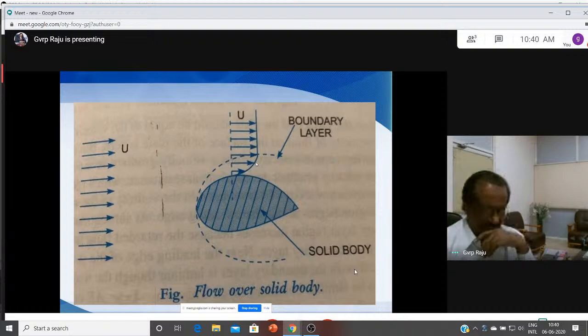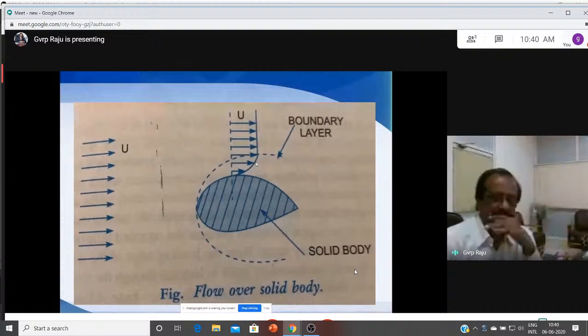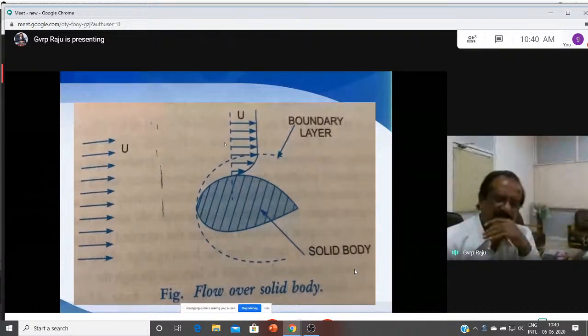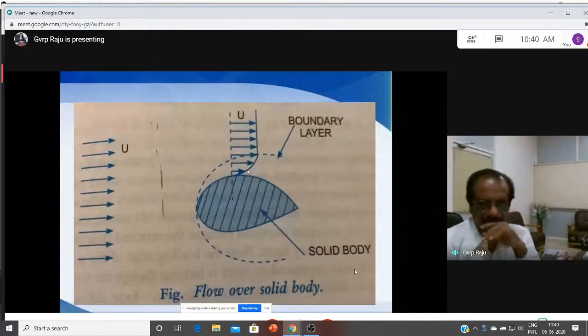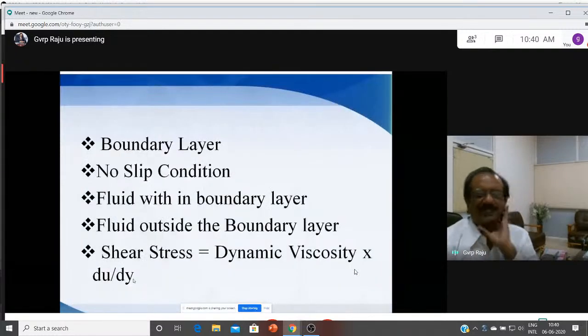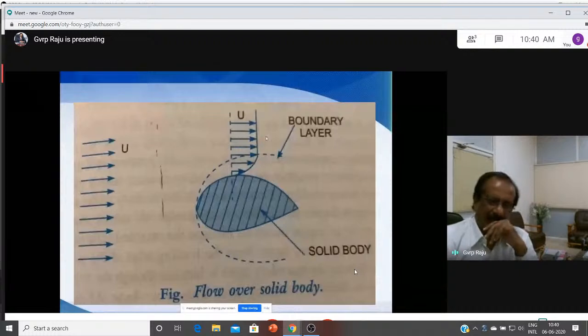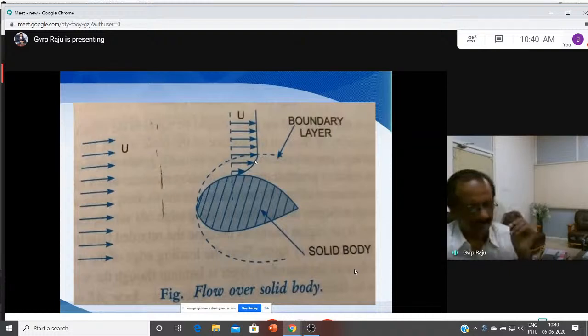Newton's equation of viscosity, as you know: shear stress tau is equal to mu du by dy, where mu is the dynamic viscosity. So consider the fluid inside the boundary layer and the fluid outside the boundary layer, and find the change of velocity with reference to direction.